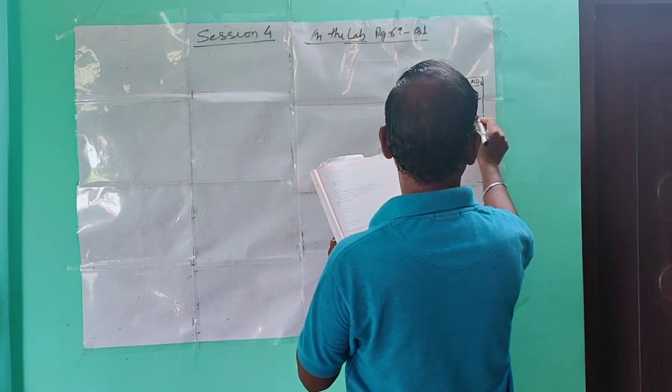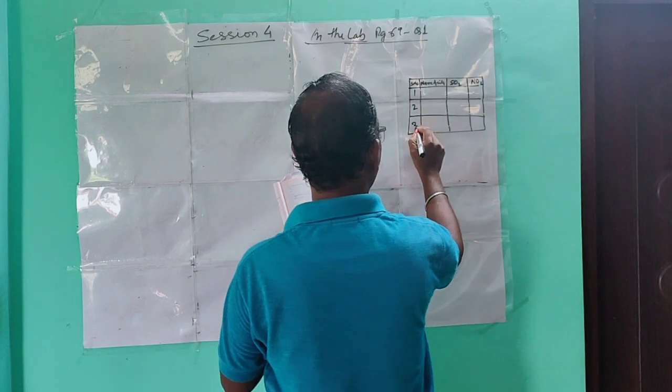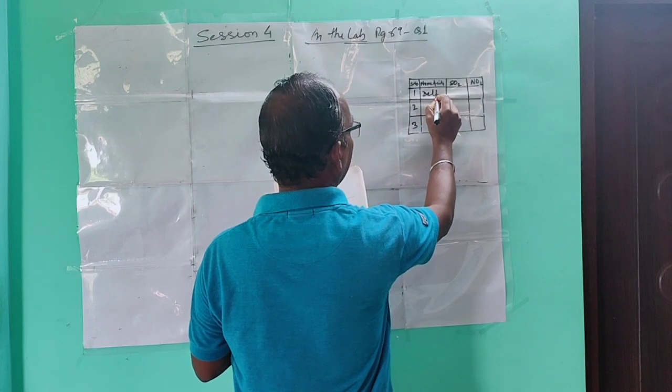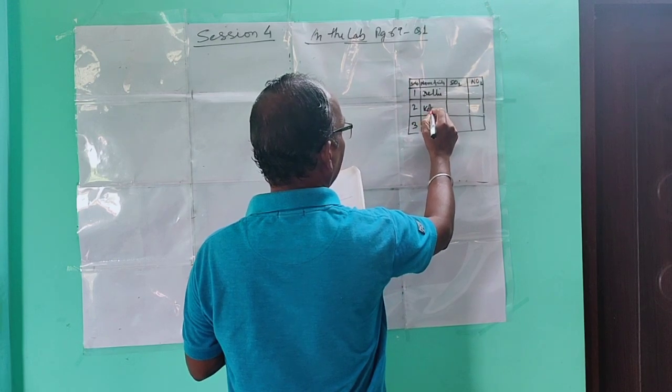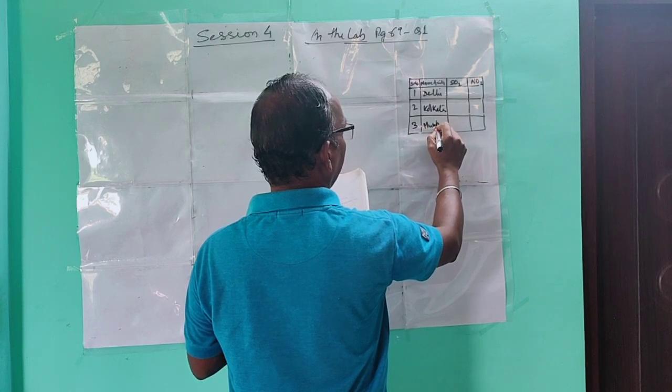Here three data are given, 1, 2 and 3: Delhi, Kolkata and Mumbai.